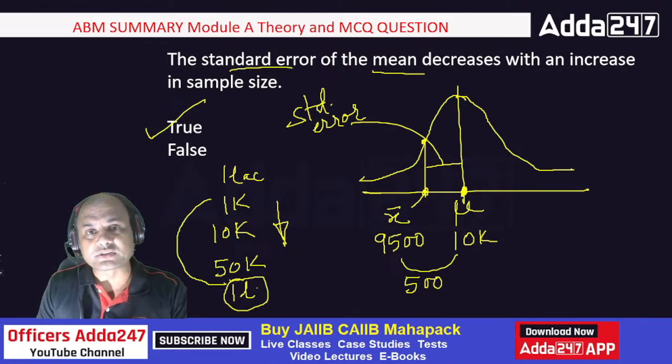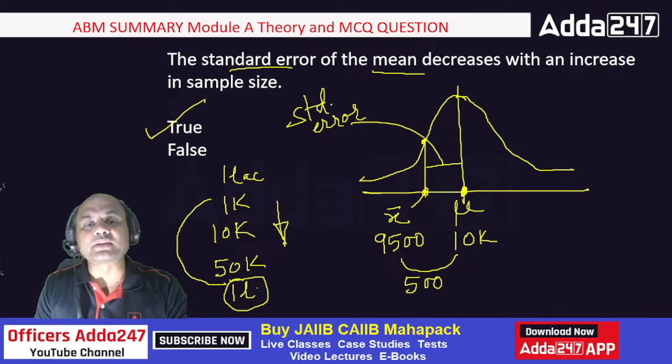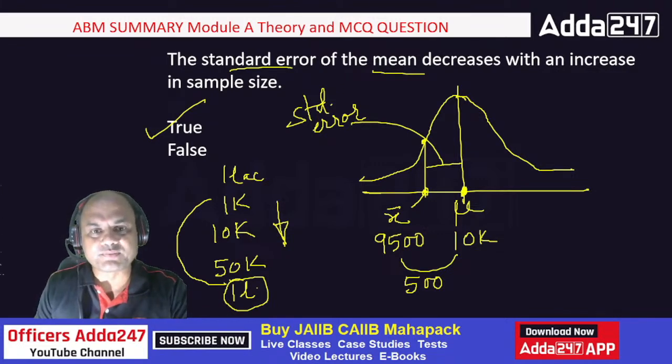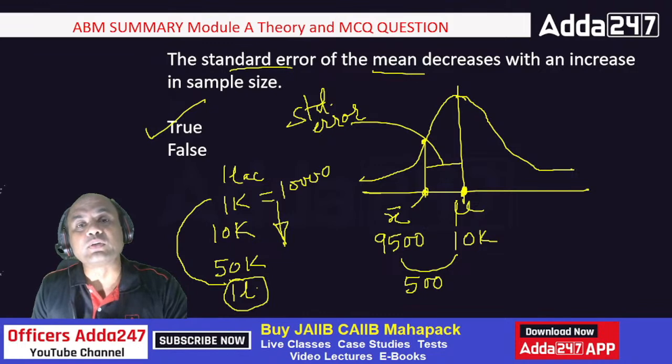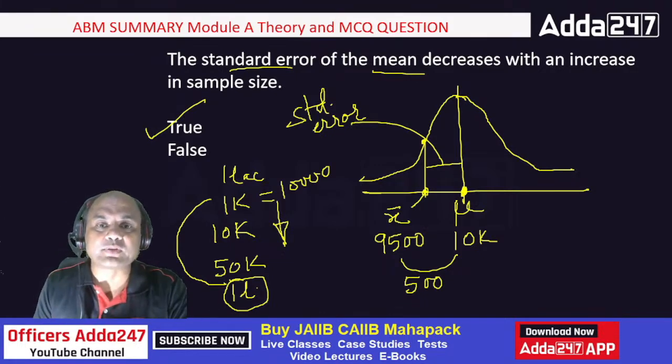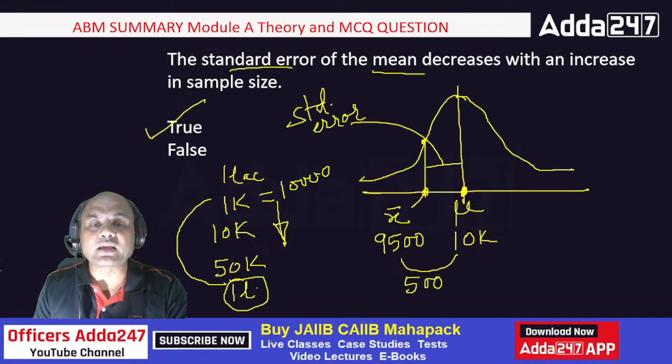What is the cost? If per person my cost is, let's say, 10 rupees, then 1000 persons will cost me 10,000 rupees. Because after all, the one who will do the survey will also charge me. For 1 lakh, how much will it be? 1 lakh into 10, so 10 lakh. Look at the difference: here it is 10,000, here it is 10 lakh.